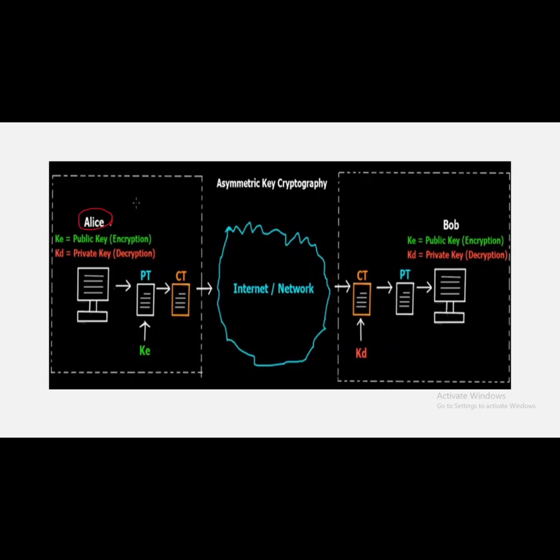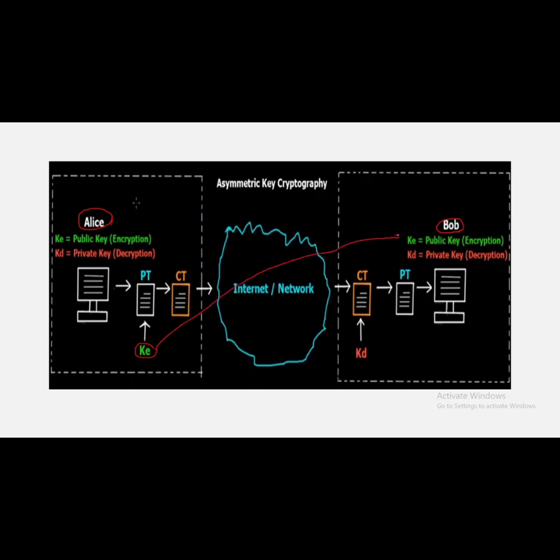Alice and Bob. So let's take that Alice wants to send Bob a message, and she does this by taking Bob's public key and using it to convert her plain text into a ciphertext. This KE here is actually Bob's public key.